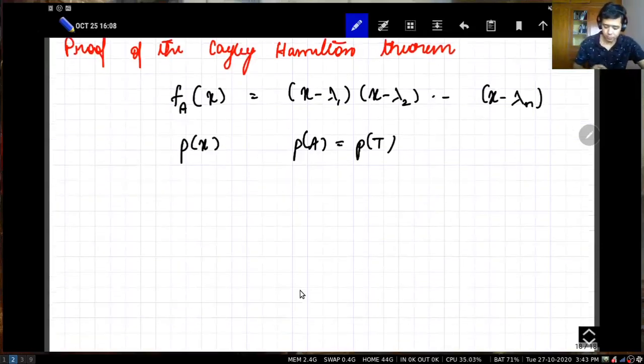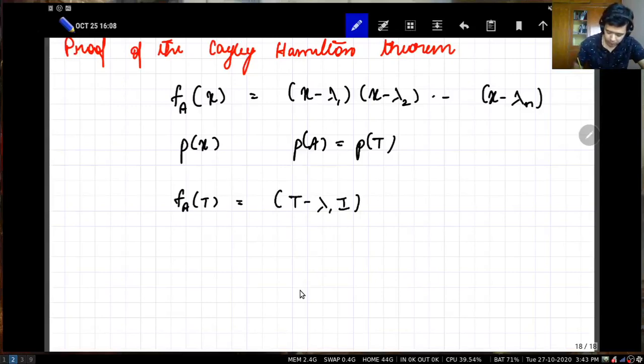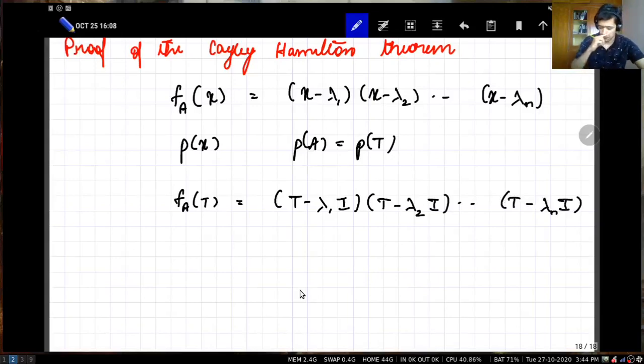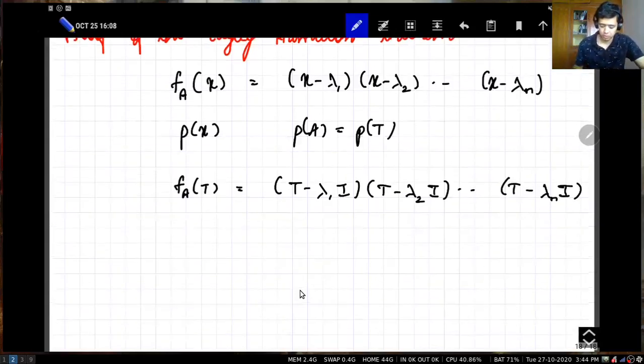Therefore, f_A of T is going to be the following polynomial: (T minus lambda 1 I)(T minus lambda 2 I) and so on, (T minus lambda n I).